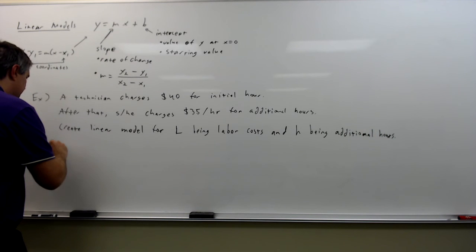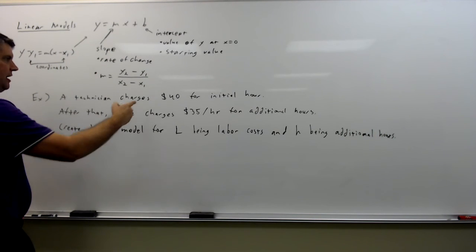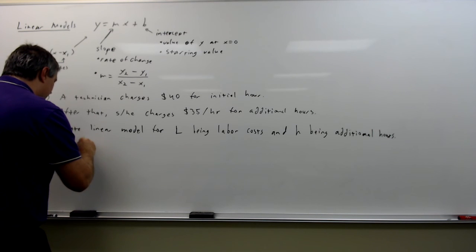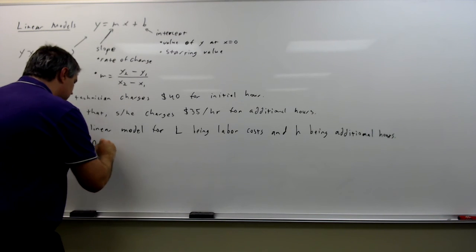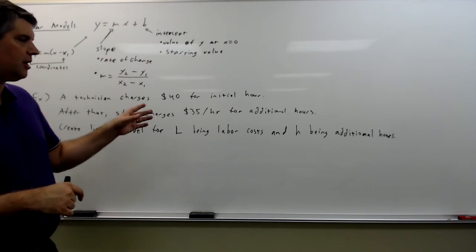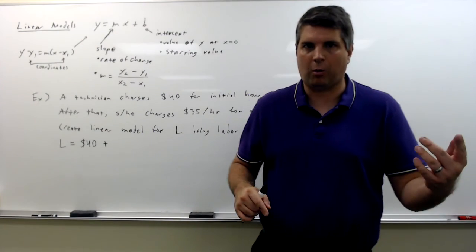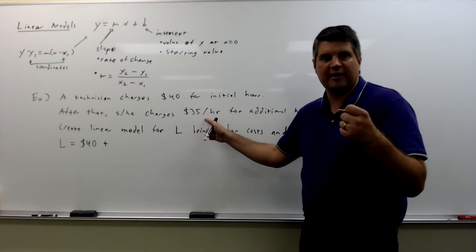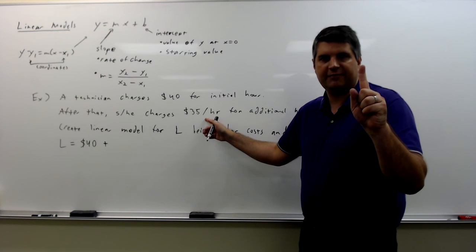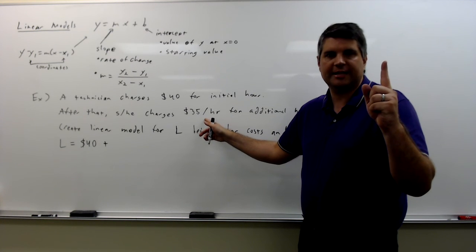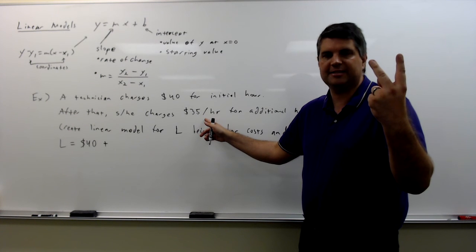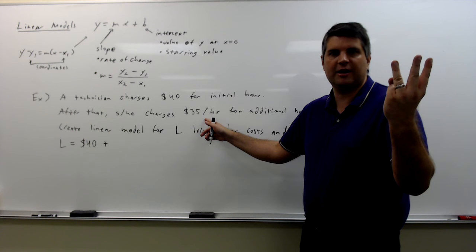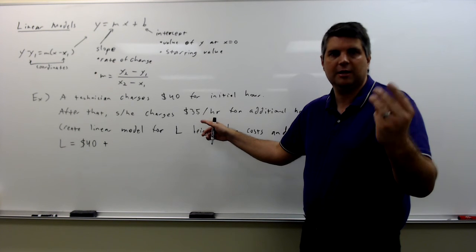So from this person, you're definitely going to be charged 40 bucks. Plus, if the person stays an additional hour, that's $35 one time. If they stay for 2 hours, that's 35 bucks 2 times. Okay, and if they stay for 3 hours, that's 35 bucks 3 times, and so on.